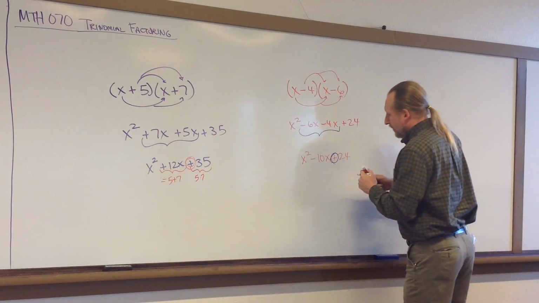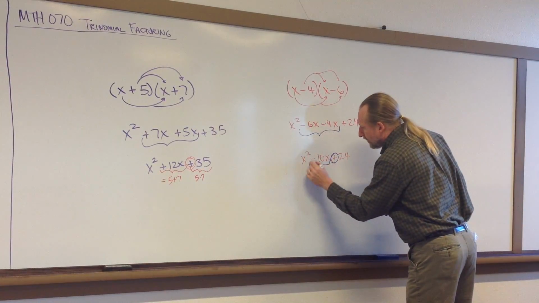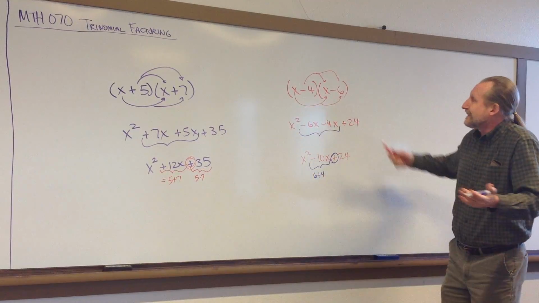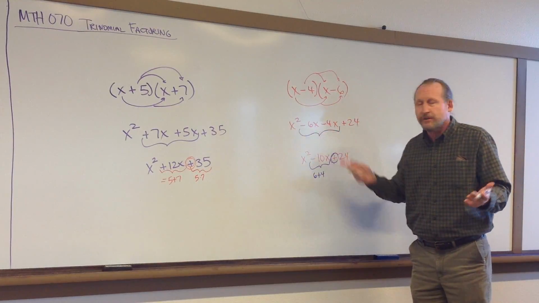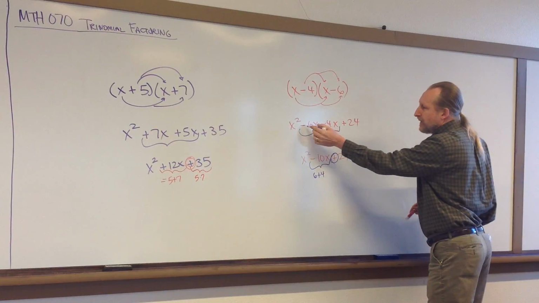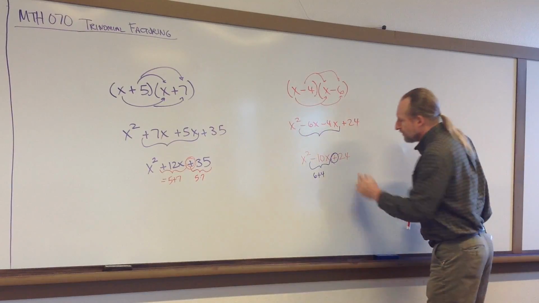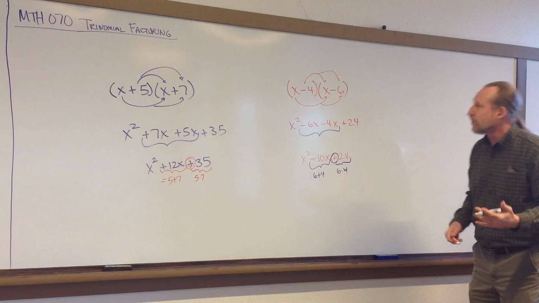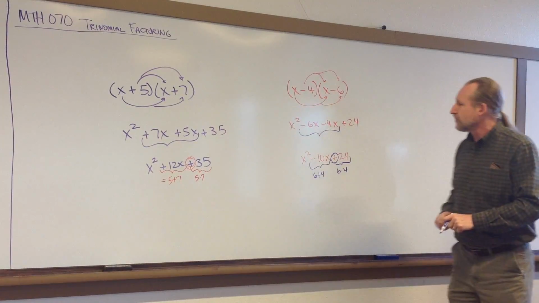And also notice that the 10 in the middle is still 6 plus 4. You can think of it as negative 6 minus 4 if you want to, but it's not important whether you think of it as minus 6 minus 4 or 6 plus 4. And this, again, of course, is 6 times 4, or negative 6 times negative 4.